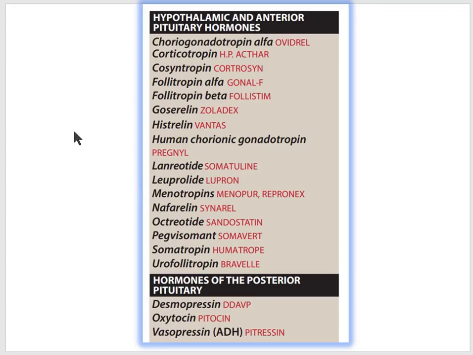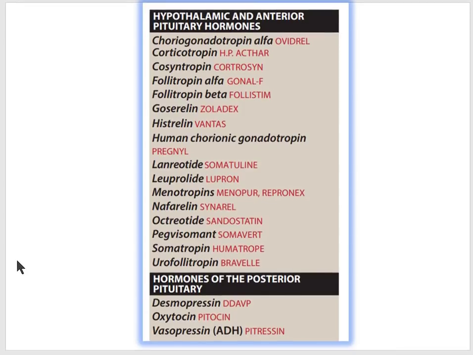Okay, so then yes, the drugs are definitely, there's no way around. You have to remember these drugs. In terms of the brand name, I don't know how, but the generic name, yes, you definitely have to remember. So on top we are looking at the hypothalamic and anterior pituitary hormones, and on the bottom we have the posterior pituitary hormones.